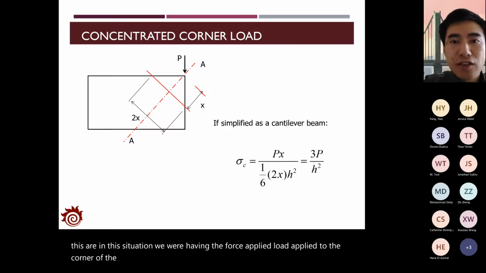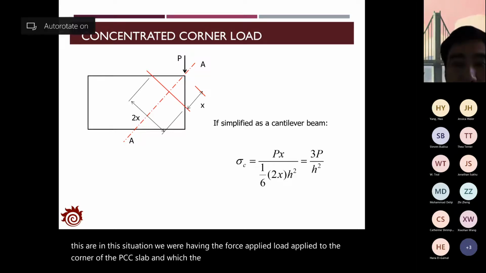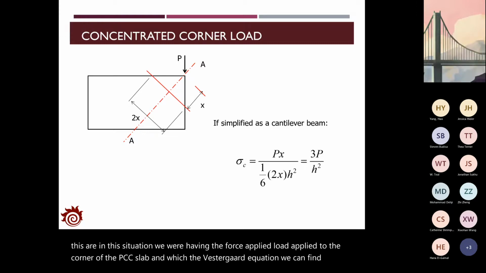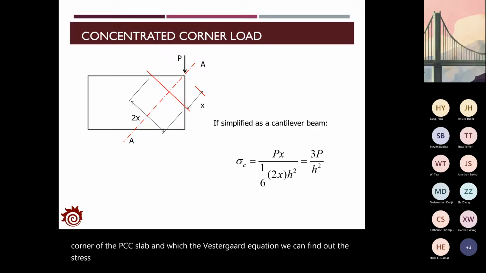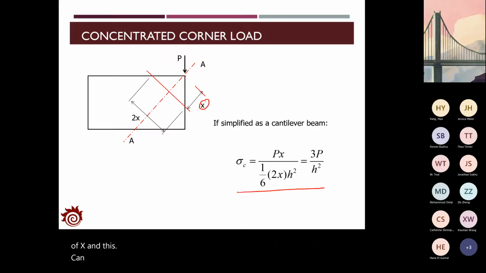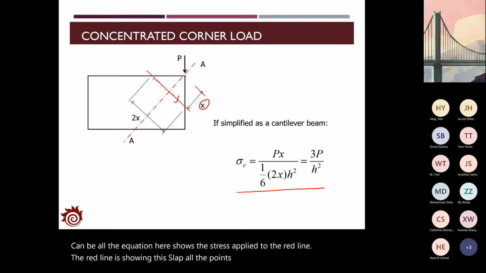And with the Westergaard equation, we can find out the stress at any location which has the perpendicular distance to the corner of x. And this equation here shows the stress applied along the red line, as shown in this slab, all the points in this red line.